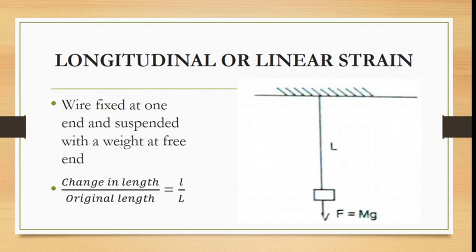You can see that the wire has a length capital L. What happens when a weight is suspended at the free end? Its length is elongated, isn't it? So the change in length is given by small l. Small l is the increase in length.